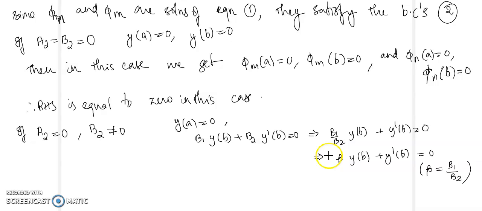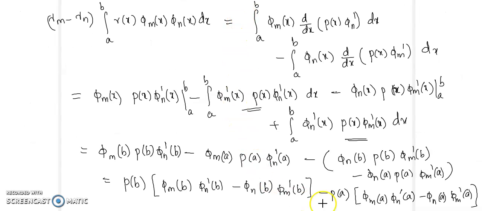Let us look at what is going to be the value. Looking at the second equation, y of A is 0. So here phi m of A and phi n of A will be 0. So in the second bracket we are going to get 0. Let us modify the terms in the first bracket.